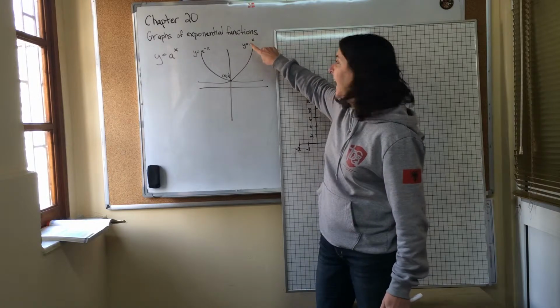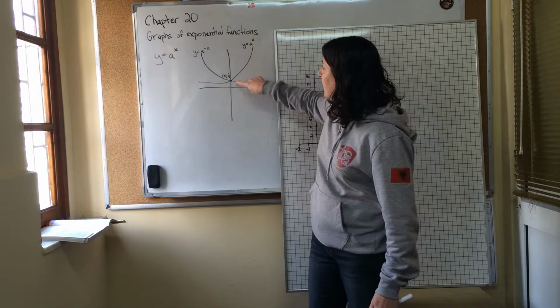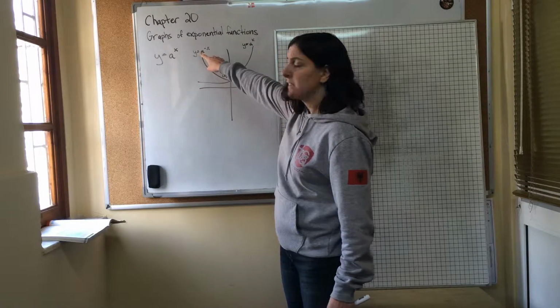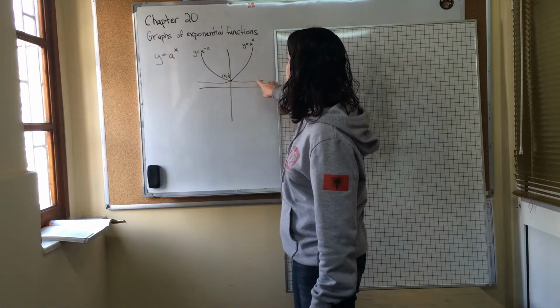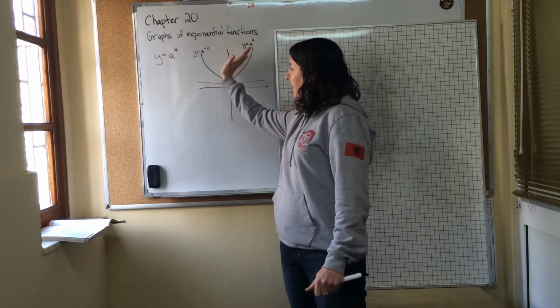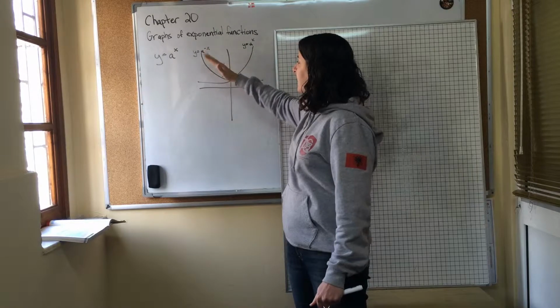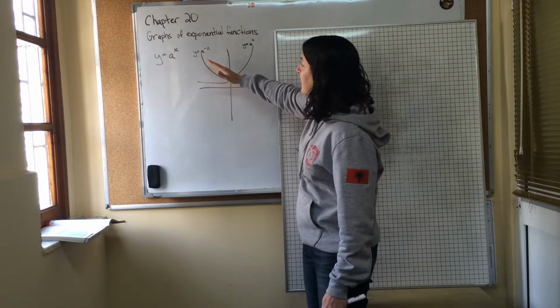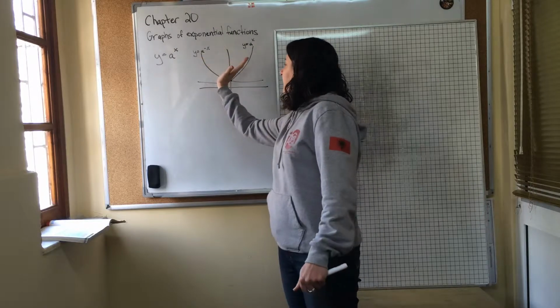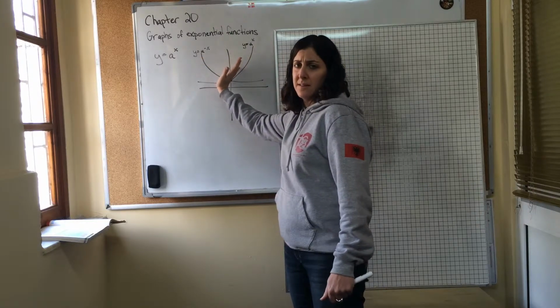Y equals a to the x will always be going this way, and y equals a to the negative x will always be going this way. So if the x is negative, it will be a downward slope. If it's positive, it will be an upward slope.